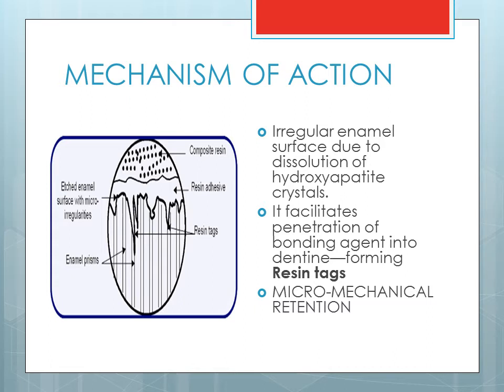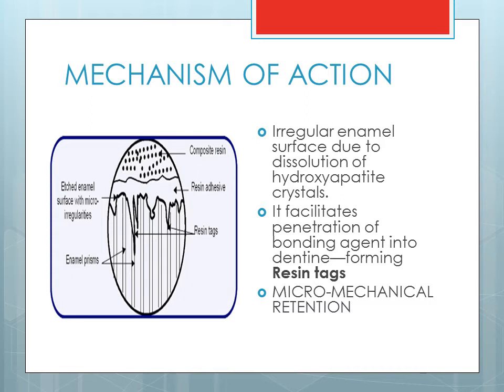As you can appreciate from this picture, these are the enamel prisms and the etched enamel surface with micro irregularities, and the resin adhesive flows into these tubules and irregularities, and this is called a resin tag, which is basically the flow of the adhesive into the opened enamel tubules and irregularities.